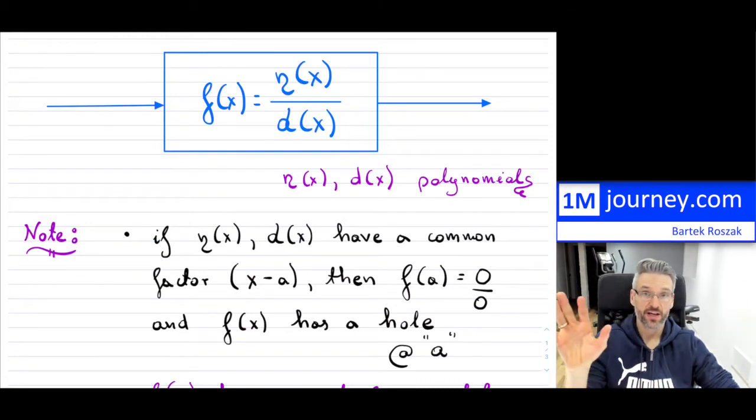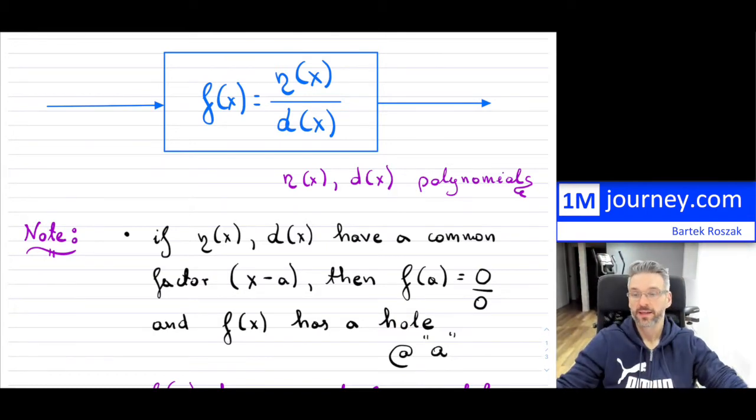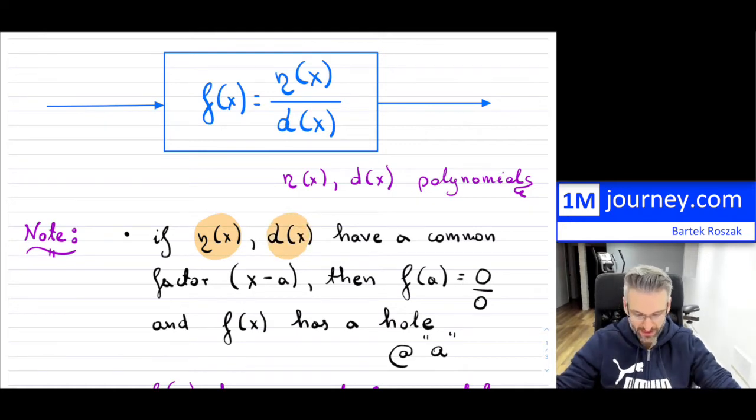So the first idea, and again, this is all under the assumption that n of x and d of x are polynomials. So f of x is a rational function made up of two polynomials. Now, say you take your numerator polynomial and your denominator polynomial, and they have a common factor, let's say x minus a. That would mean that a is a zero for both n of x and d of x.